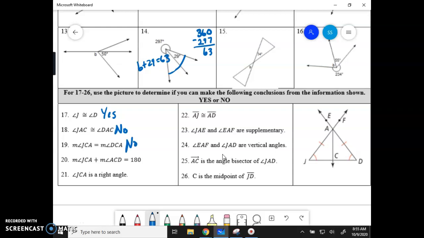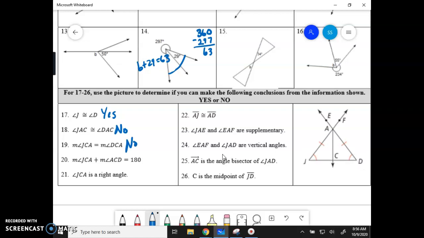Number 20, the measure of JCA. Let's look at that JCA. Okay, that's this one again. And ACD. Do those add up to 180? This we can assume because we see that this is a straight line, so we know that these angles have to add up to 180, right?